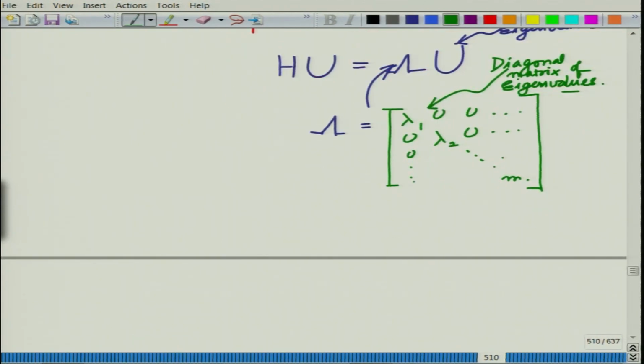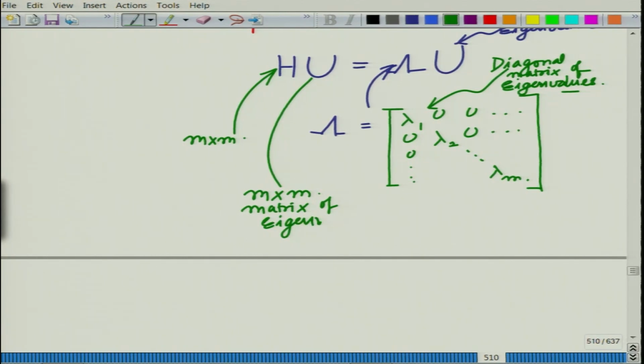And U is the m cross m matrix of eigenvectors. Let us say U equals U1 bar, U2 bar, up to Um bar, these are the m eigenvectors.